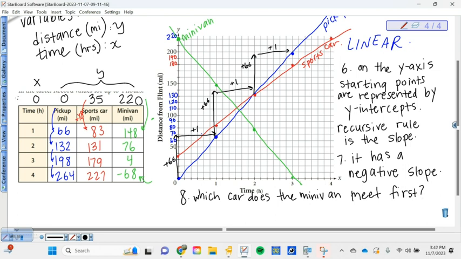And then I want you to tell me when and where do they meet? Okay, and then if you finish number 8, keep going to step 9, 10, 11, 12.